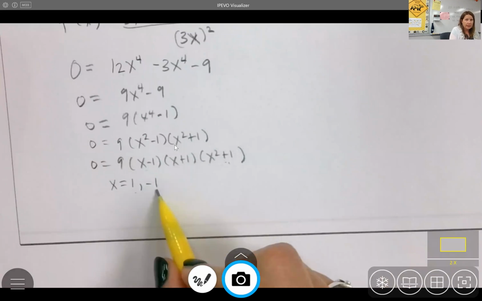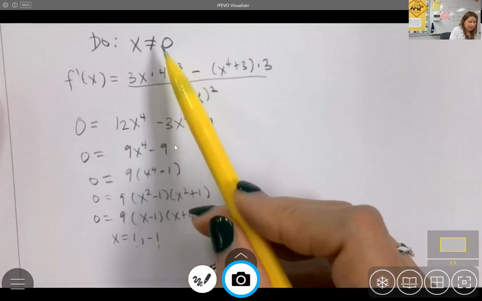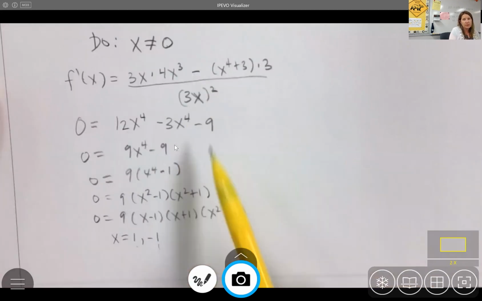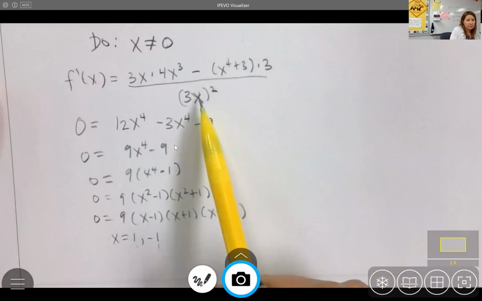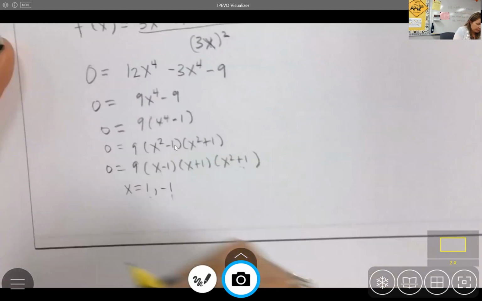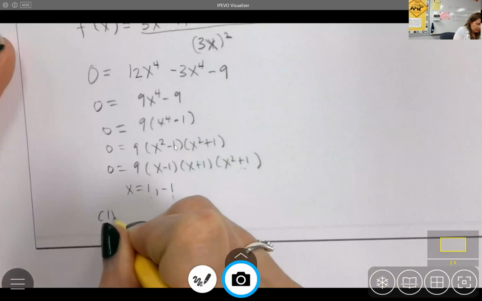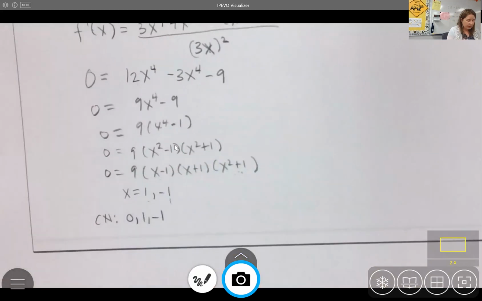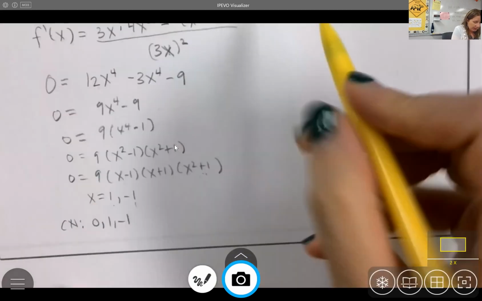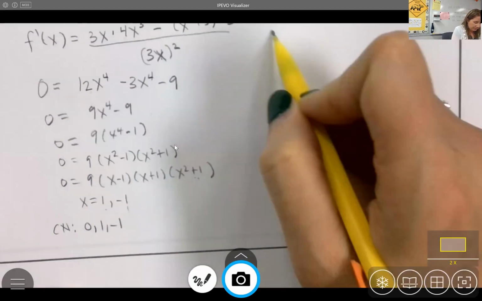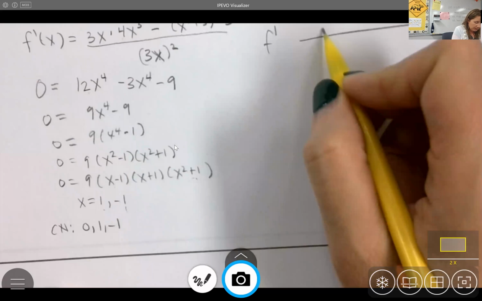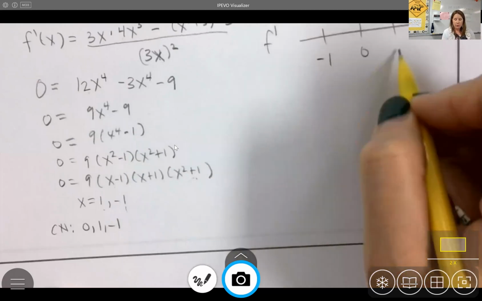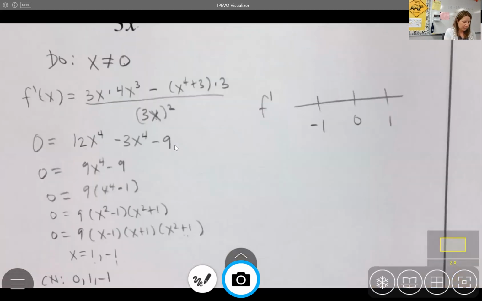I already said my domain restriction was 0, so I don't need to worry about the derivative being undefined at 0. So my critical numbers are 0, 1, and negative 1. All right, so I know where my critical numbers are, so now I do an f prime number line. Negative 1, 0, and 1. What do you know happens at 0?